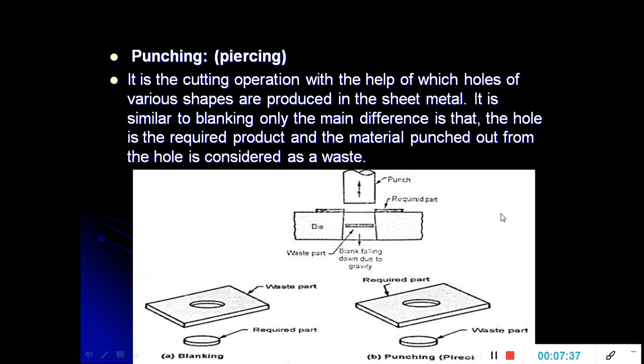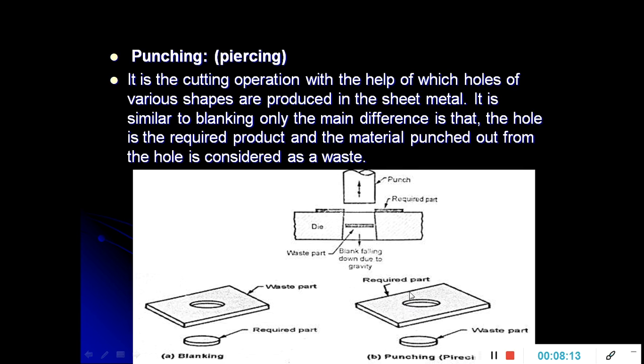Now coming to the punching or piercing operation. Punching and piercing is exactly the reverse of a blanking operation. In the blanking operation, the removed part is the useful part, known as a blank, and the material remaining in the sheet is the waste part. But in the piercing or punching operation, different types of holes are formed on a sheet.